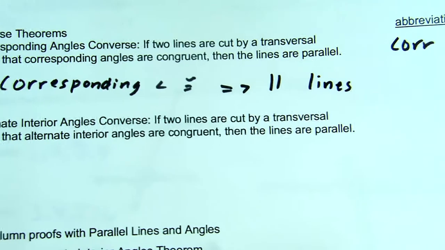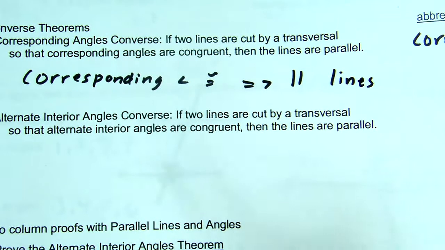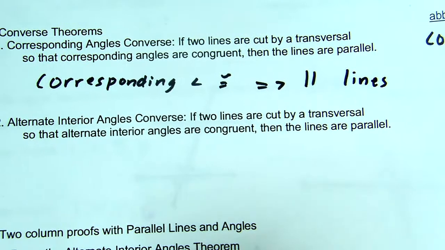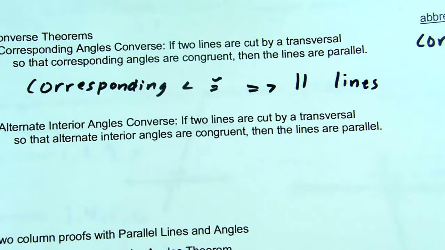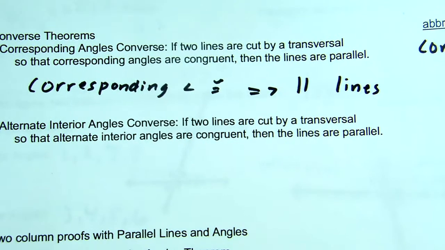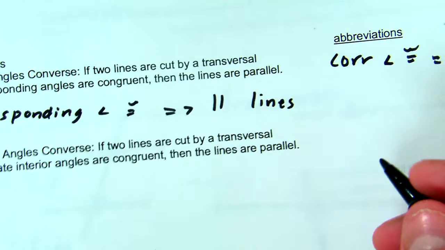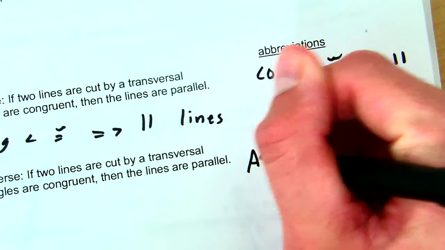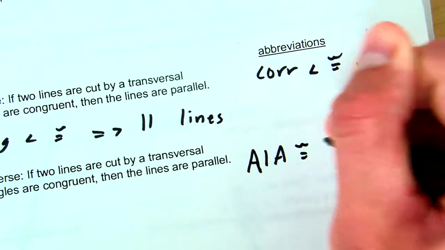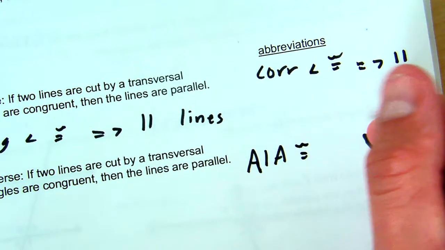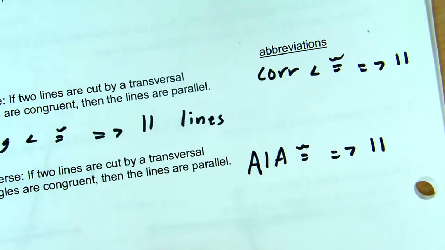If you remember, earlier we had: if parallel, then alternate interior angles are congruent. Now what we're saying is if we know that alternate interior angles are congruent, then we can conclude that lines are indeed parallel. So the abbreviation we can use here is alternate interior angles congruent, AIA congruent, then parallel lines.